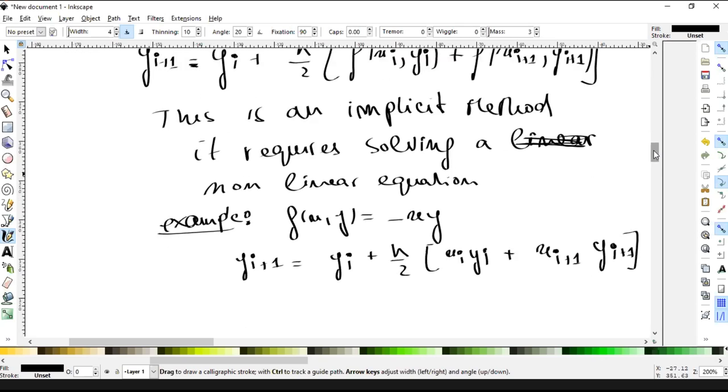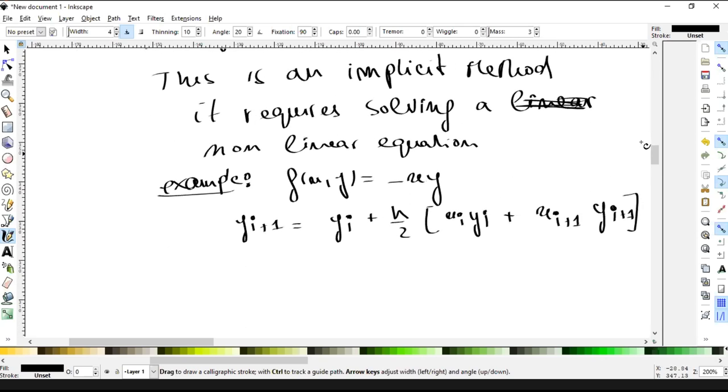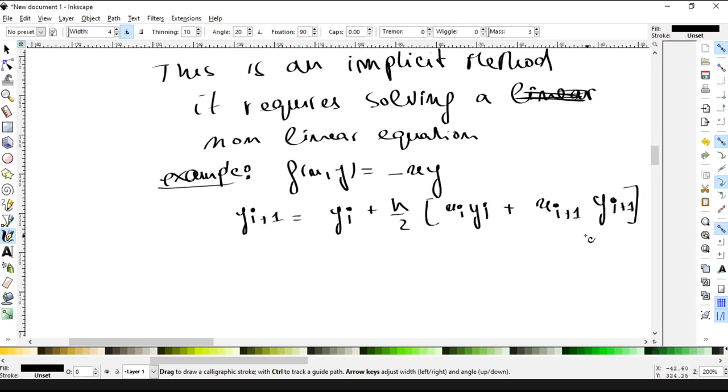In this case, I took a bad example, because it becomes an explicit method, since you can express yi plus 1 in function of yi. You know the xi's, so you can bring this term here.